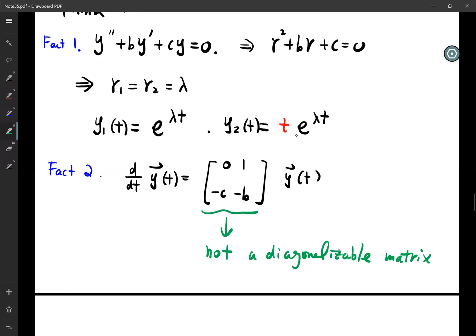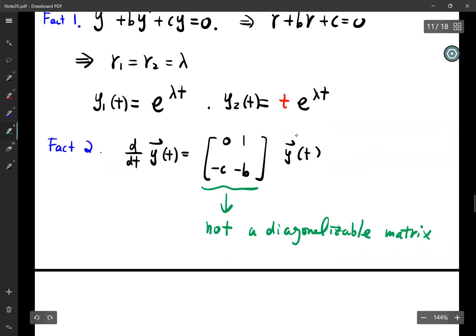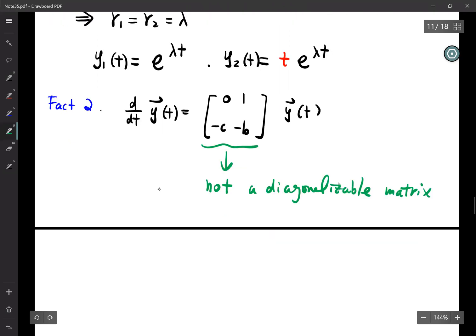If you go to Math 110, you will learn that there is a more general way of handling non-diagonalizable matrices called the Jordan decomposition, or the Jordan normal form. So the Jordan normal form is very closely related to this kind of scenarios, and we won't talk about that. Just to let you know that from fact 1 to fact 2, there's no contradiction.